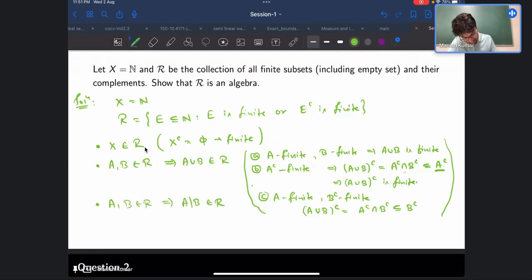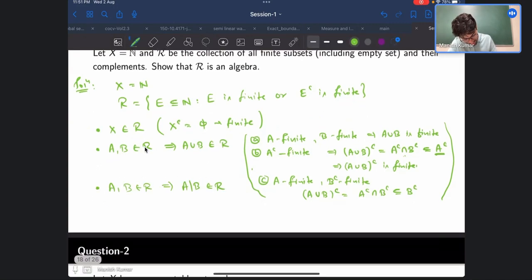So suppose A, B belong to R, we have to show A minus B belongs to R. So the first case, let us assume that A is finite. When A is finite, A minus B is nothing but A intersection B complement, and this is subset of A, right? This implies A minus B is finite.